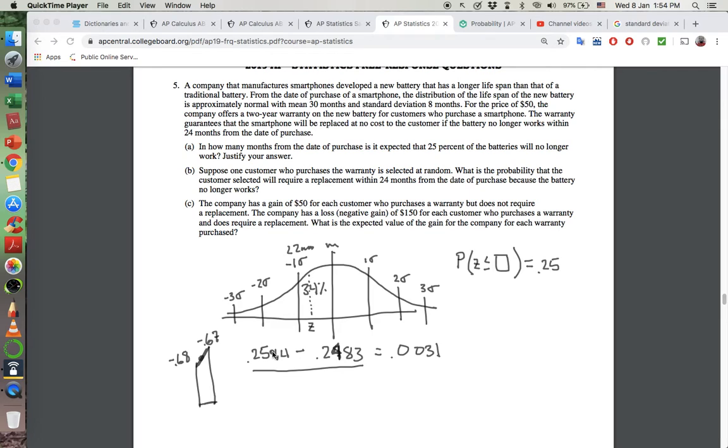Okay, and so we want to find out what percent that number represents compared to the difference. So we'll have 0.0014 divided by 0.0031, and we get 0.45, or 45% of the way that we have to move between these two.